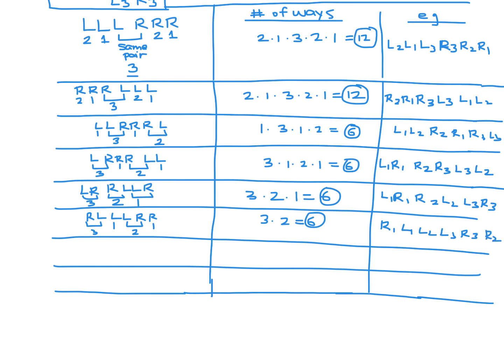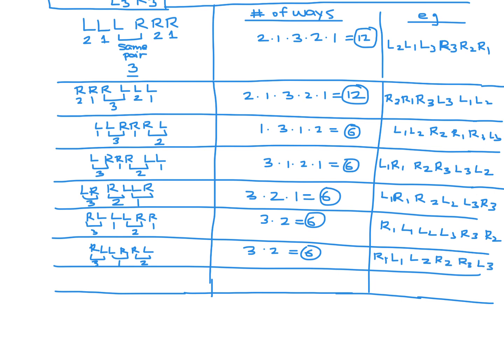And then the second last, R, L, L, R, R, L. So this would be 3, this would be 2, and this would be 1. So 3 times 2 is 6. And an example of that one is R1, L1, R2, L2, R2, R3, L3.